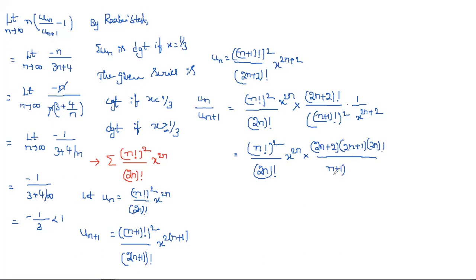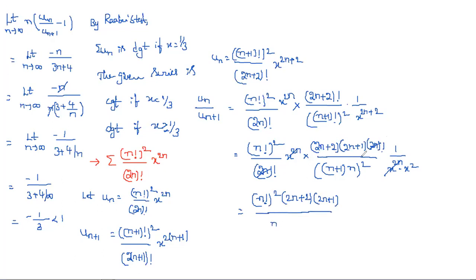So (n+1)! is nothing but simply we can write (n+1)·n!, whole square, and 1 by x power 2n+2. Can you write this as x power 2n into x square? Here x power 2n cancels. Next (2n)! and (2n)! also cancel. What about the remaining? n! whole square, and next (2n+2)(2n+1) by (n+1)·n.